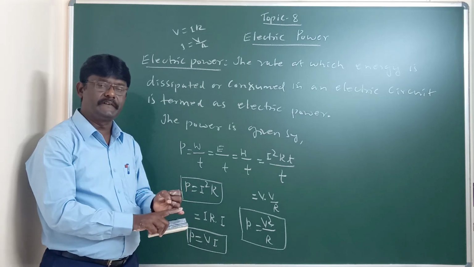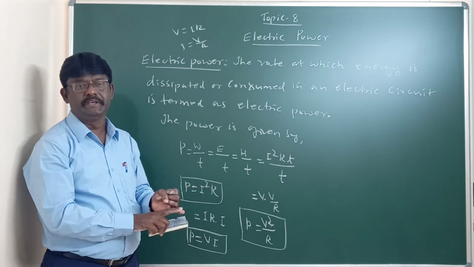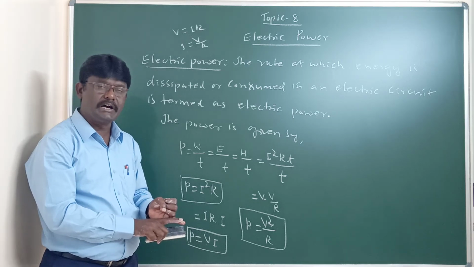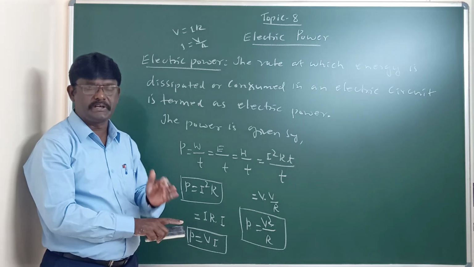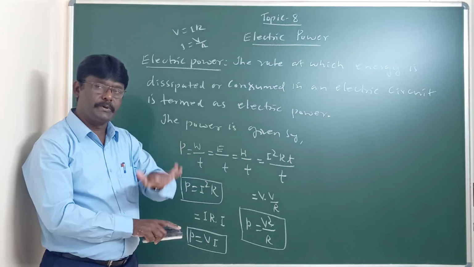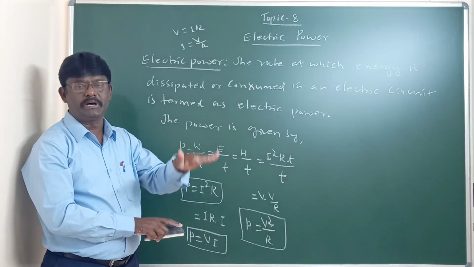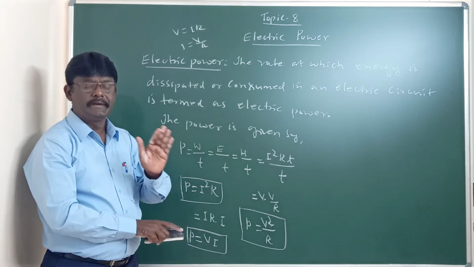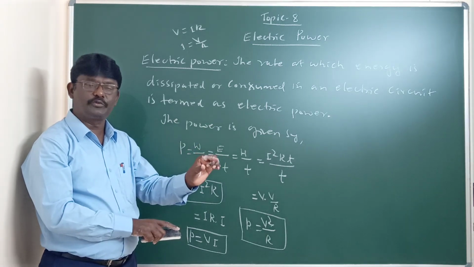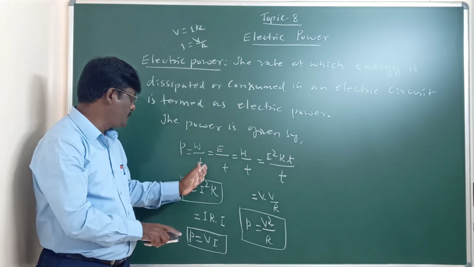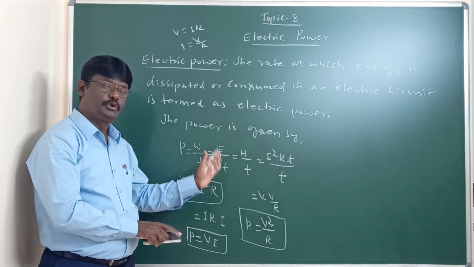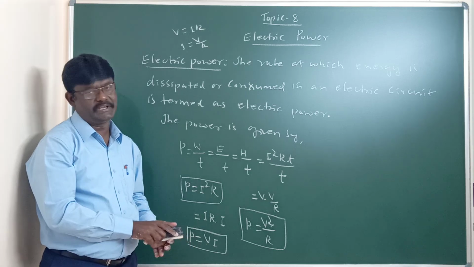For resistors in series, Rs equal to R1 plus R2 plus R3 and so on. In parallel, 1 by Rp equal to 1 by R1 plus 1 by R2 plus 1 by R3. For Joule's law, H equal to I square RT. For electric power, there are several equations. We will do numericals in the next class, children.